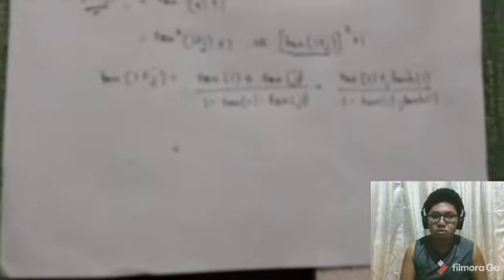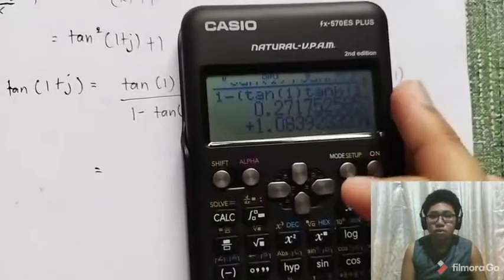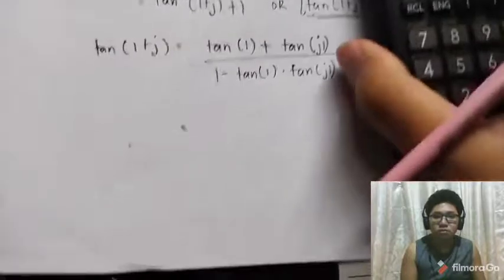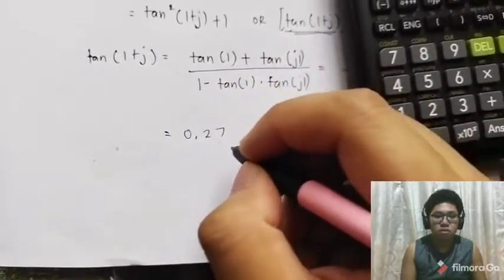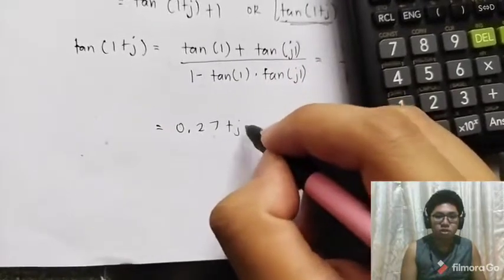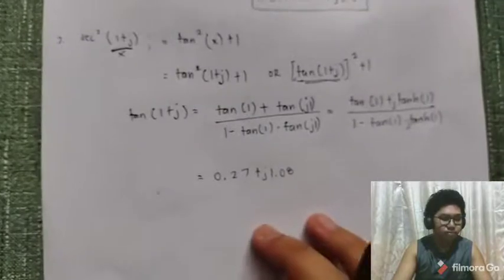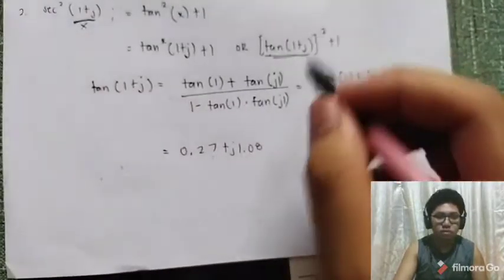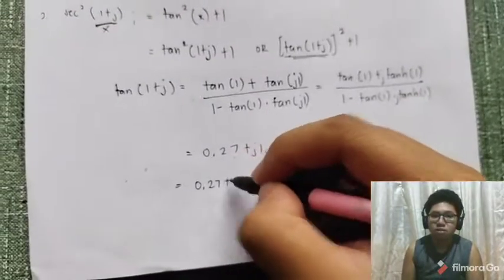Then we can now solve using a calculator, and that would give us the answer of 0.27 plus j 1.08. Then we will go back to our original equation.